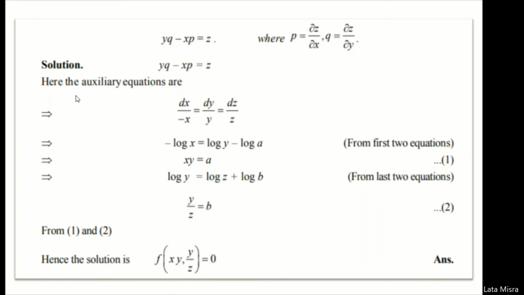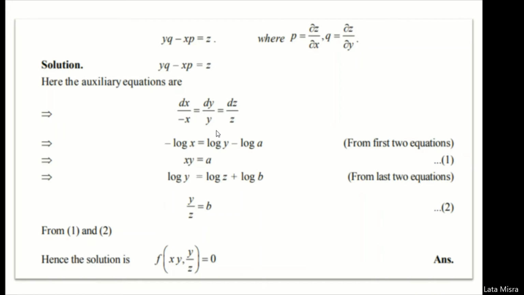So we have capital P is -x, capital Q is y, and capital R is z. So we write the auxiliary equation as dx/(-x) = dy/y = dz/z. We see variables are separable. We can easily separate the variables and integrate.